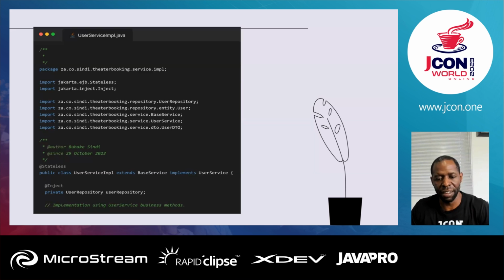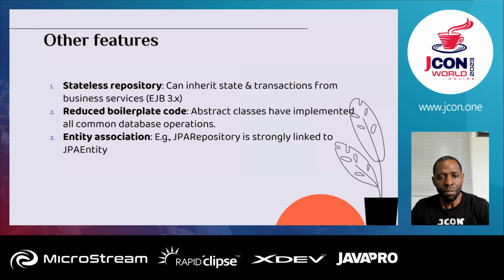And this is a stateless session bean, so it will inherit the transaction management from the session bean. The nice feature about this is it's stateless, so it can inherit the state of the transaction from the business object.